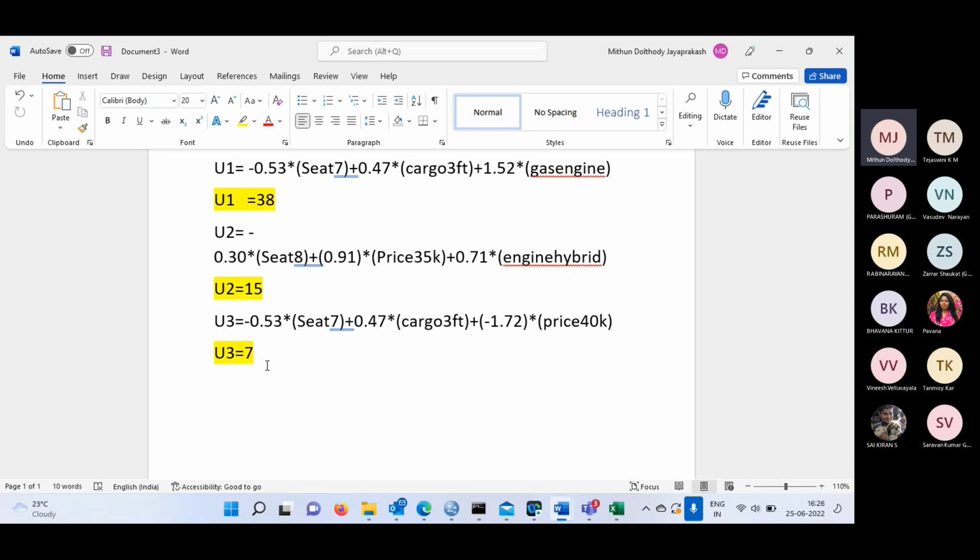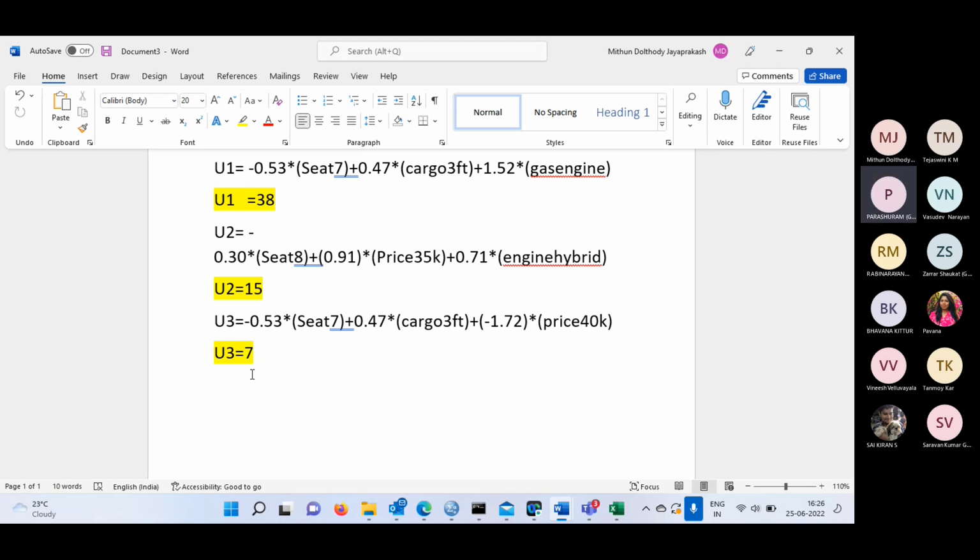So we do not give the utility scores as such, but this is how you can generate the satisfaction level obtained by driving a particular vehicle or by using a particular set of characteristics. Any product, you can use the same thing. Multiply the coefficients by the data, and you should be able to get the utility scores.